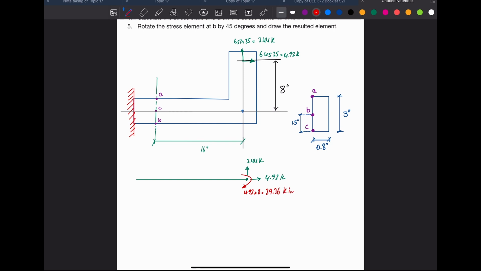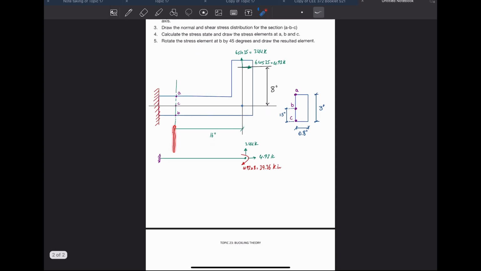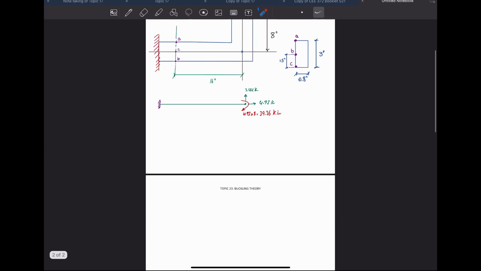Okay, and I do have a fixation at the end here. Remember, if we look in the problem, we are interested in finding the shear stress and normal stresses at ABC. So ABC is somewhere here. Keep an eye on that section. So this is the free body diagram that I have. Let me write FBD now.